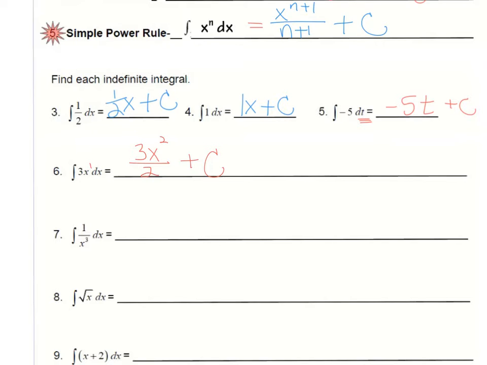We can always check: if I have 3/2 x squared and I take the derivative of this, it's going to go to 6 over 2x. And what's 6 divided by 2? That's 3x. Is that what we had here? It is. So our antiderivative worked.